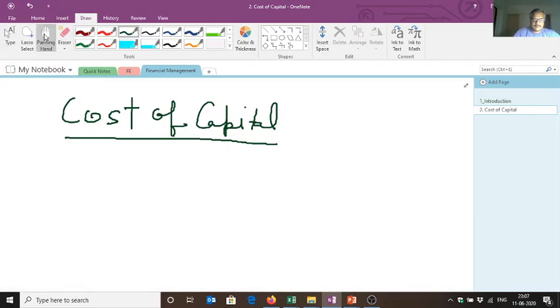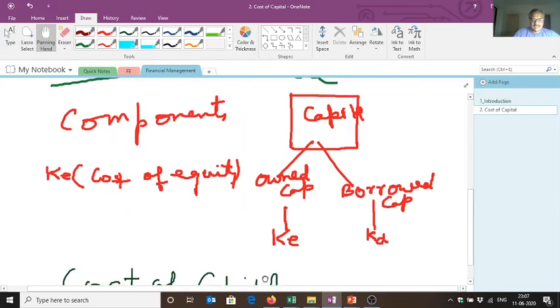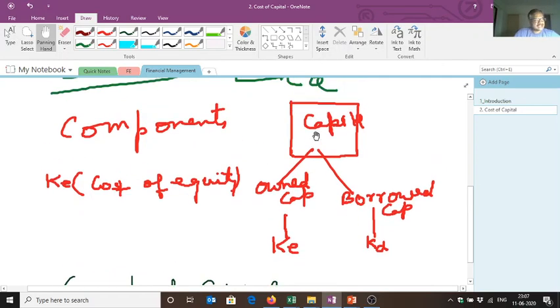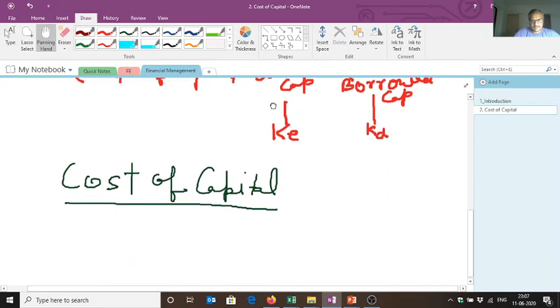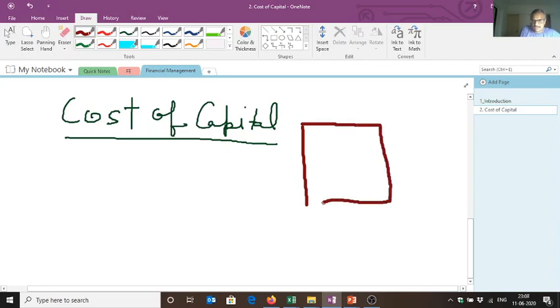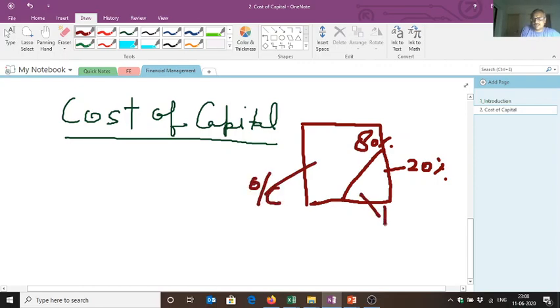Mathematically, as I said, capital has two components, cost of equity and cost of debt. If this is the total capital, then as an example, let's say 80% is owned capital and 20% is borrowed capital.